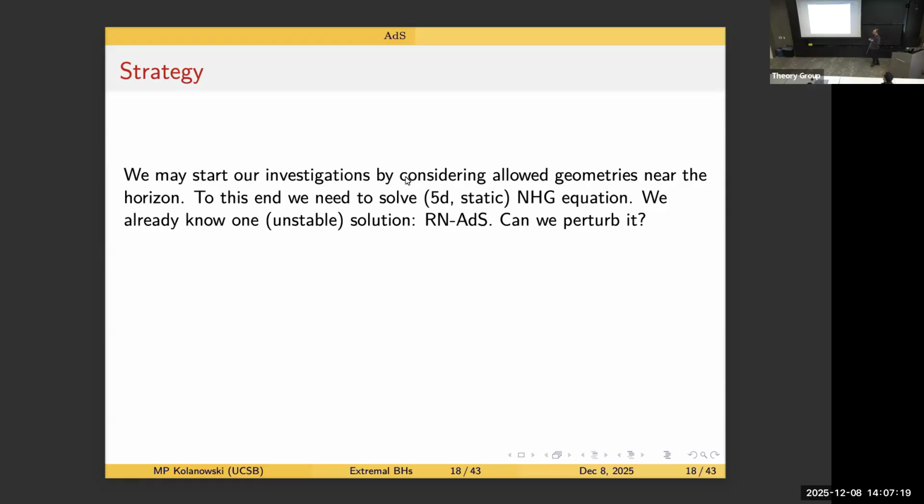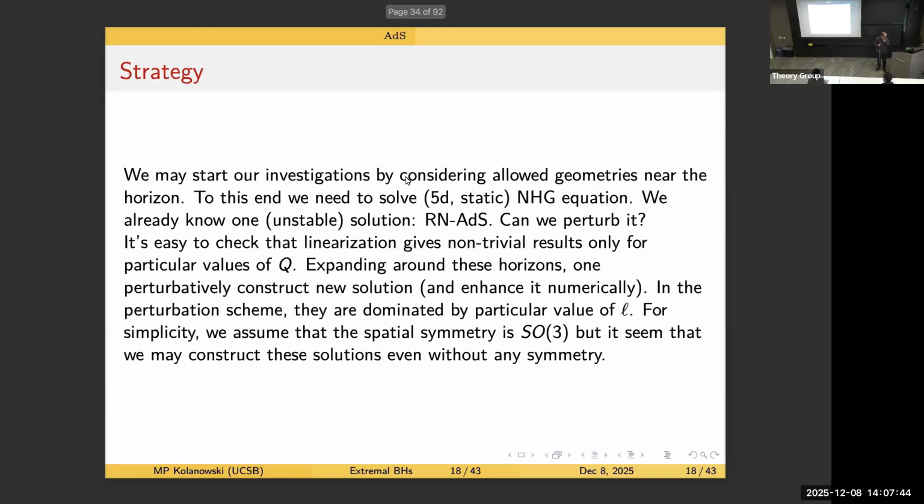So we would like to find new, hopefully stable fixed points. And so we need to solve these 5-dimensional near horizon geometry equations. We already know one solution that's unstable, namely Reissner-Nordström AdS. And so the question would be, can we perturb it and see something better out of it?